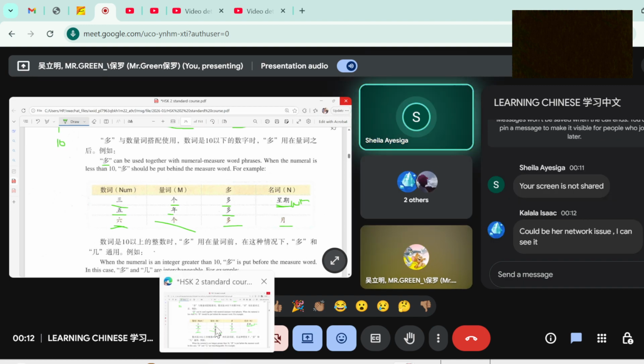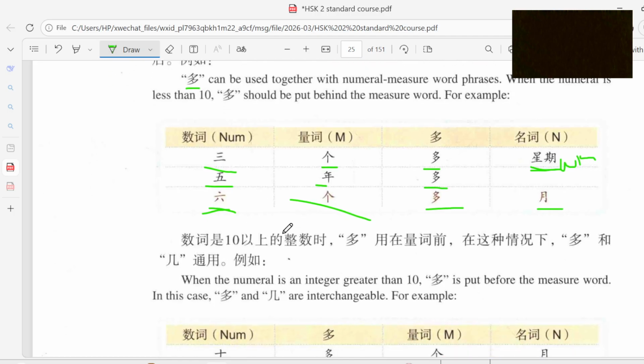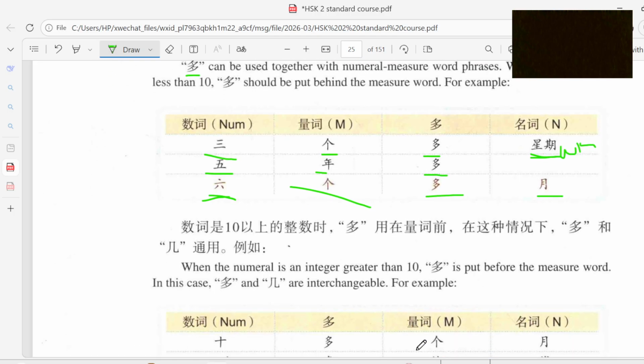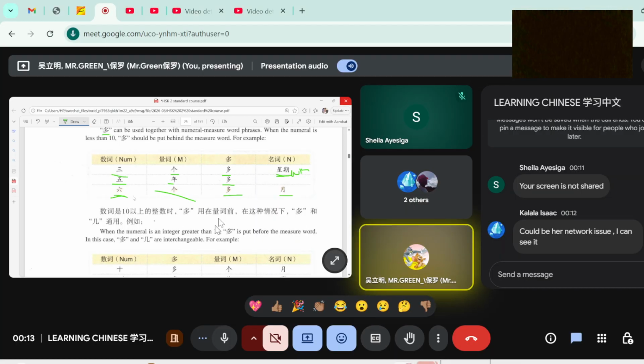I can see the screen, but there is nothing shown. Really? Oh. How about Mr. Comfort or Isaac? Is my screen visible?